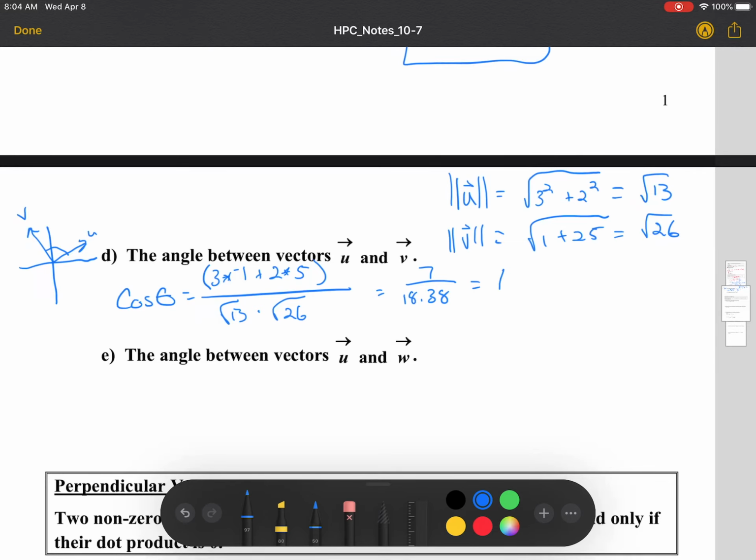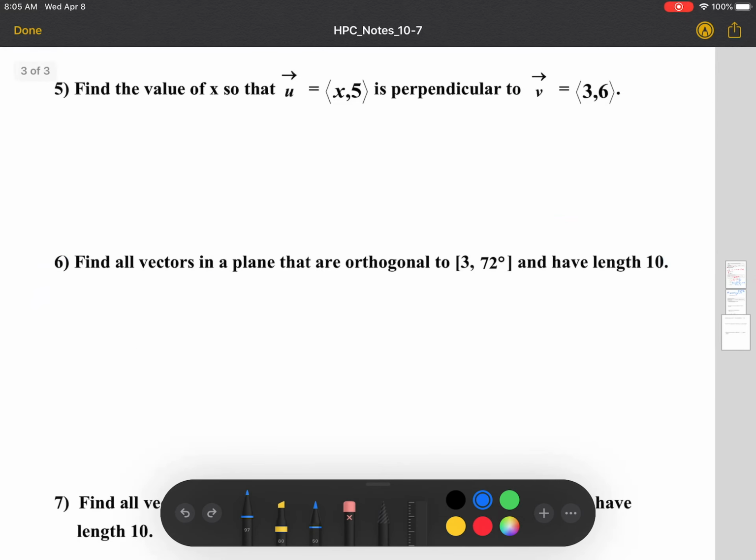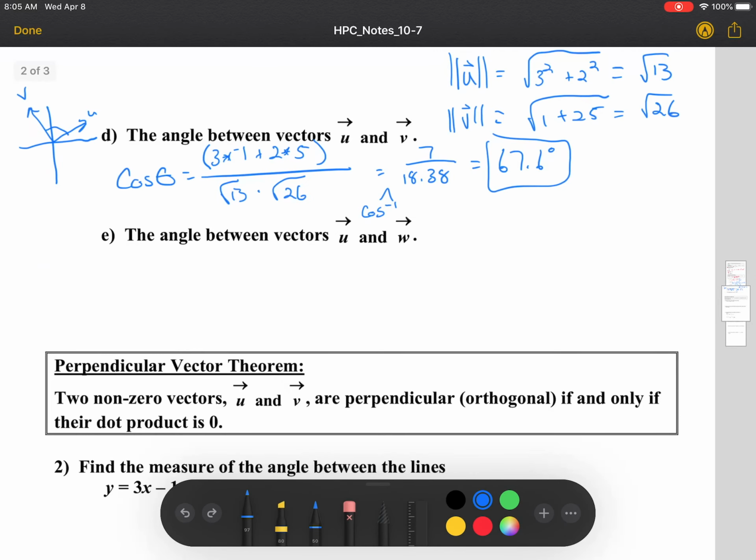If you take the inverse cosine of that, you're going to get 67.6 degrees. Remember, I took the inverse cosine of this right there to get that final answer. That equals our theta.